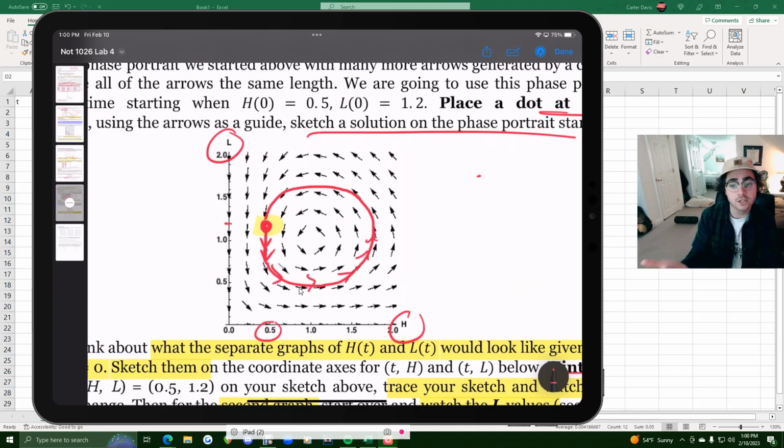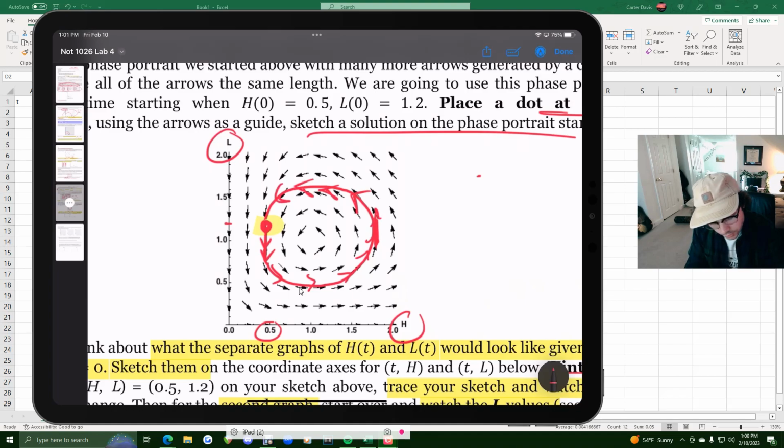And where do the H values max out? The H values start at 0.5, they halt for a little bit, and then they start moving, and they hit a max H value of maybe 1.7. Then as it moves vertically, there's no H change, and then it keeps going around.